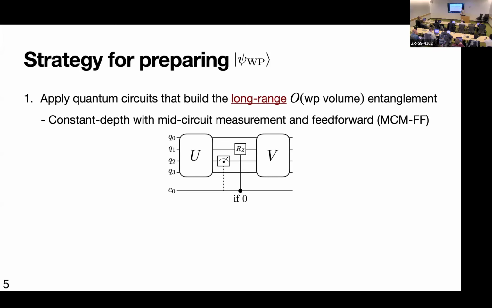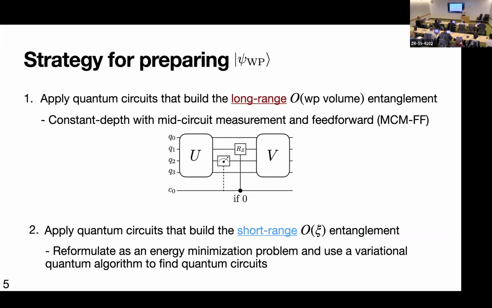For people unfamiliar, MCMFF is a more generalized version of quantum circuits where you can apply some unitary gates and then measure some qubits, and then based on the measurements, feed forward some additional gates and act as more unitaries. This allows you to implement a non-unitary process, and in this case, allows you to spread long-range entanglement more efficiently than if you only had a unitary operation.